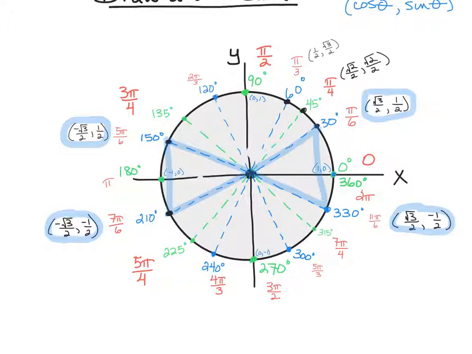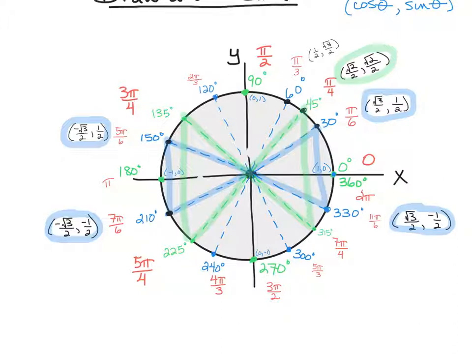Let's next do the angles that have a reference angle of 45. And so again, you can think of this like a bow tie. And all four of these angles should have the same x and y values with different positive and negative signs.